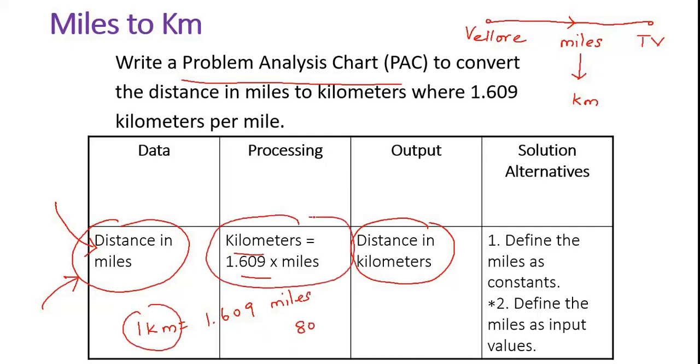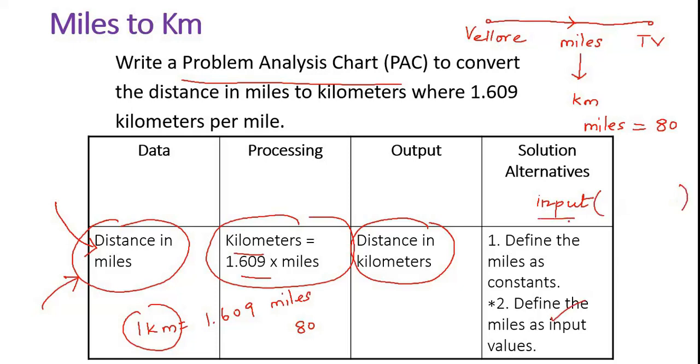Then what are the solutions? One solution is I can define the miles as a constant. Say, between these two towns, the distance in miles is 80. Or I can use an input method.